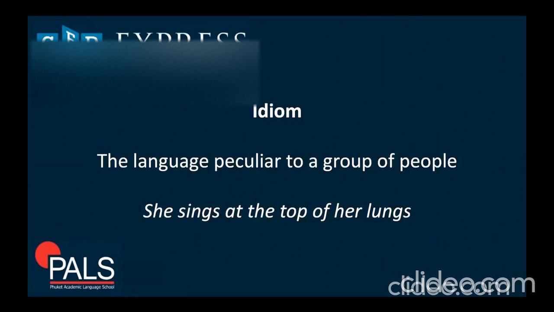Another popular German expression is "Ich glaube, ich spinne," which literally means "I think I spider." But to Germans, or people who speak German, it means "I think I'm going crazy."